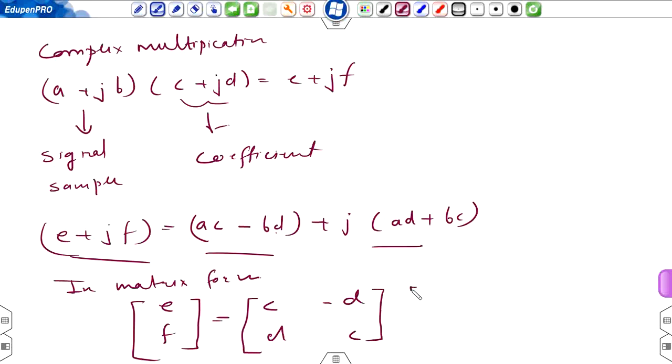This is a square matrix, and the remaining terms A and B are in the form of a column matrix. You can verify: A into C minus D into B for the first term, and for the second term A into D plus B into C. So this is valid.